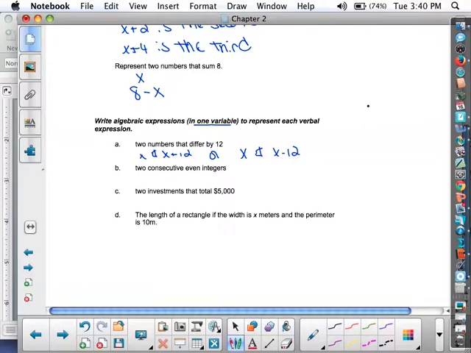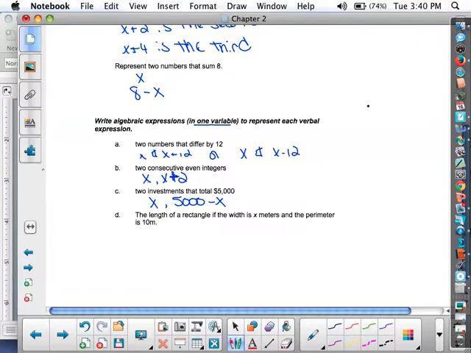The second one, two consecutive even integers, again, x and x plus 2. C, two investments that total $5,000. So you will have x and 5,000 minus x.